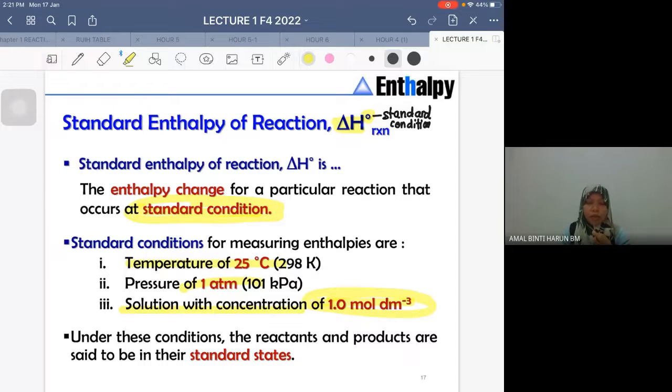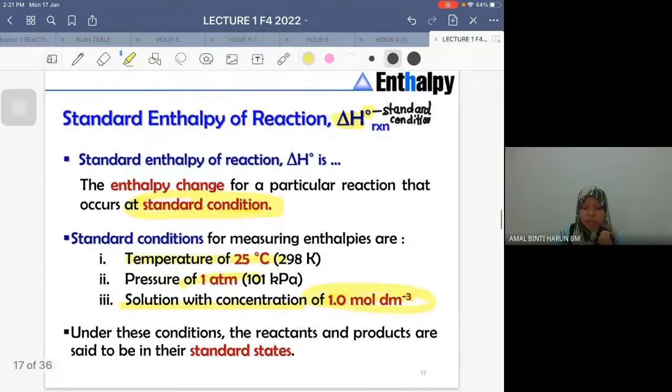Mungkin buat pada suhu yang tinggi. So, adakah memenuhi kriteria standard condition? Of course, tidak. Tidak kan? So, kalau dia tak memenuhi kriteria standard condition, you tak boleh claim heat yang kita dapat daripada reaction kita tu adalah standard enthalpy.